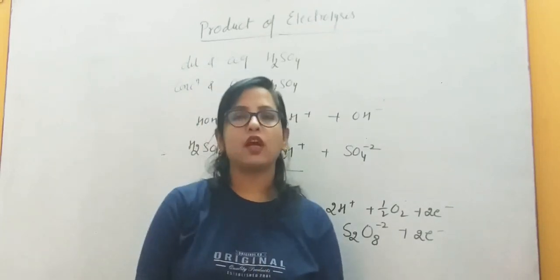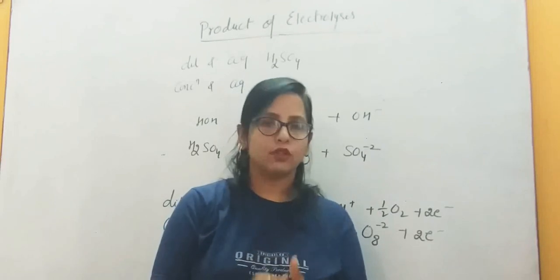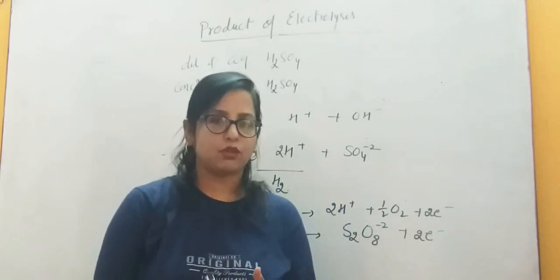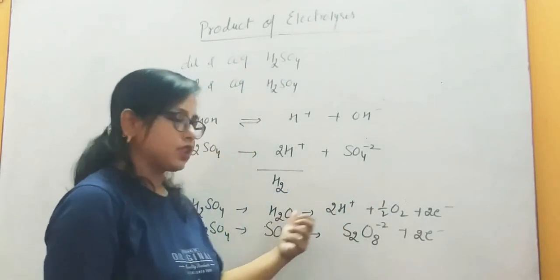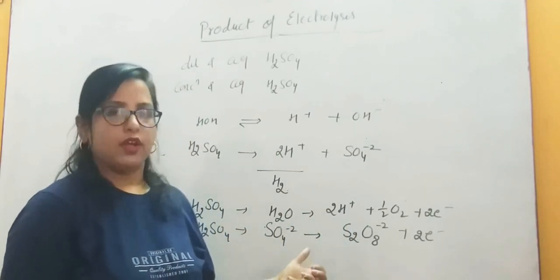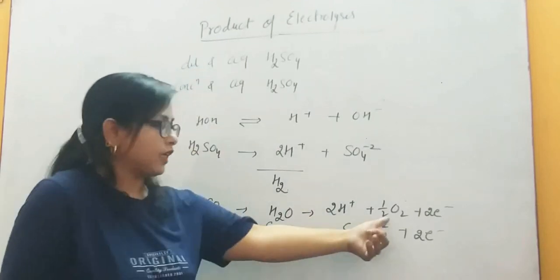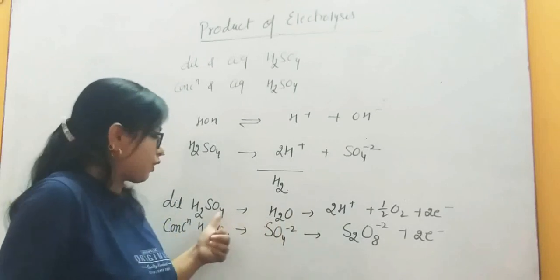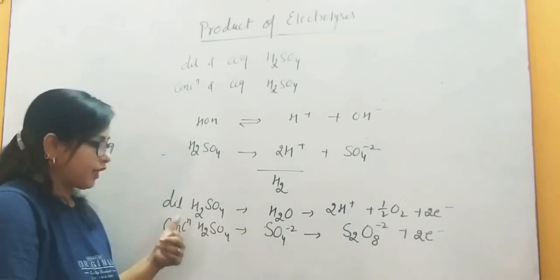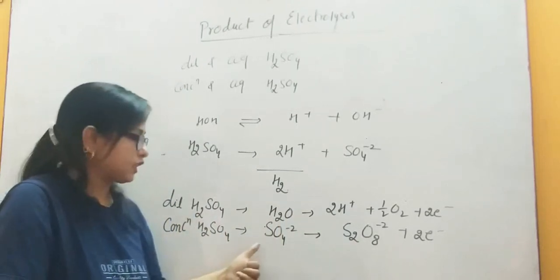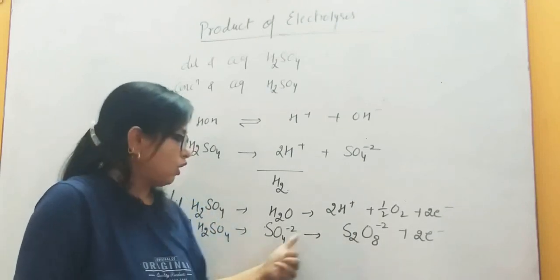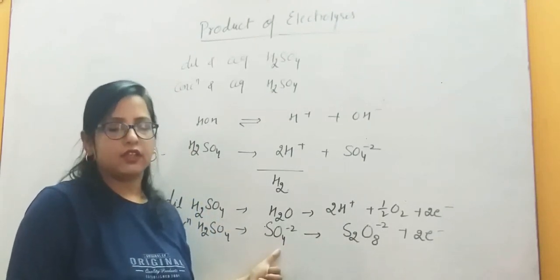So this is a special kind of solution in which the process of electrolysis depends on the concentration of H2SO4. In case of dilute, it makes oxygen gas due to the presence of a large number of hydroxide ions, and in case of concentrated, it makes thiosulfate ion due to the large number of sulfate ions. Thank you guys.